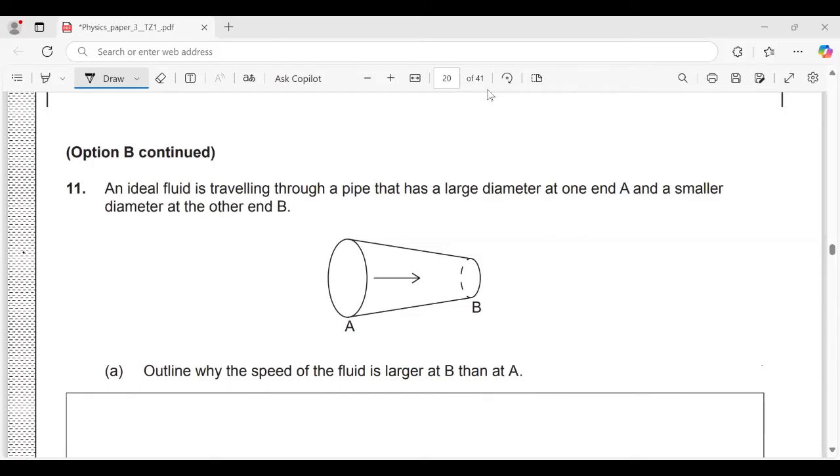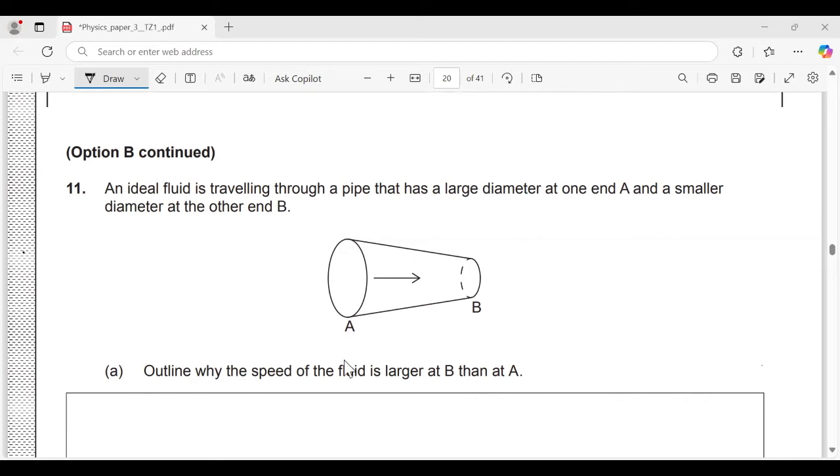Number 11. An ideal fluid is traveling through a pipe that has a large diameter at one end A and a smaller diameter at the other end B. Okay, this is the pipe.